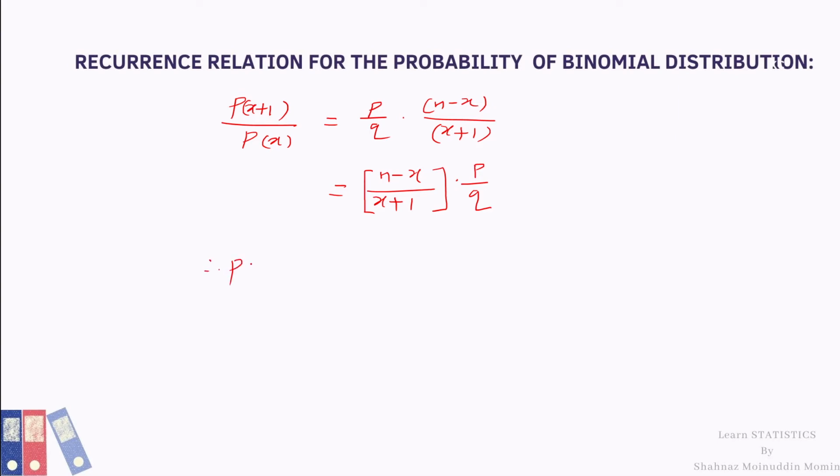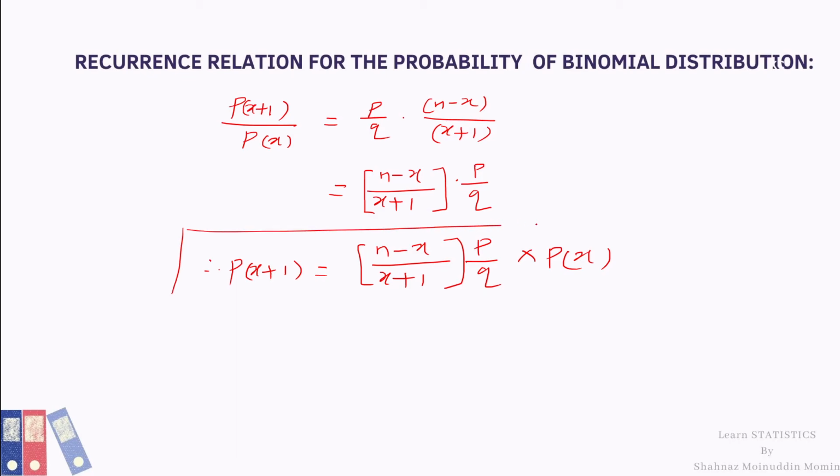Therefore, probability of x plus 1 is equal to n minus x upon x plus 1 into p upon q multiplied by probability of x. This is the recurrence relation for binomial distribution with parameter n and p.